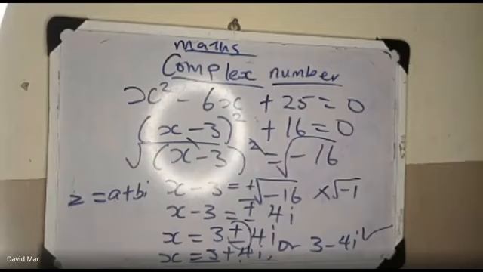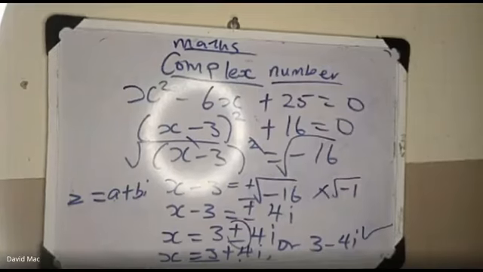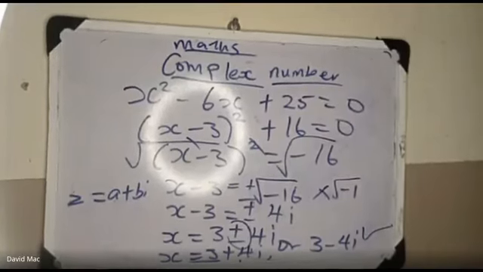So when we talk about conjugate, we're talking about the opposite of that imaginary number, or the opposite sign of that. Imagine here was minus, here will be plus. So if you are looking for the conjugate of a complex number, it's just simply the opposite of that number. Is that clear? We are still going to see more examples. I just want to establish conjugates for you, and conjugates is very, very simple to understand.